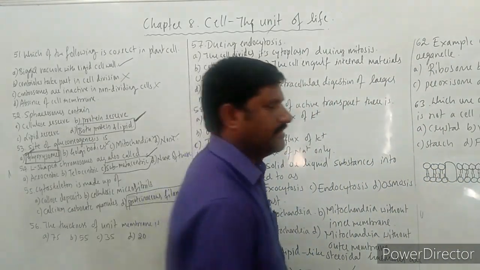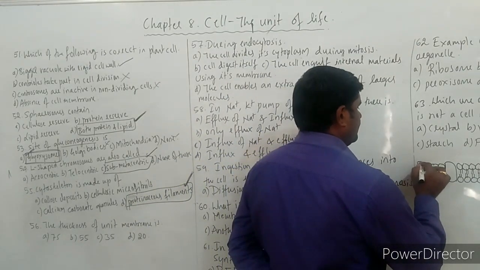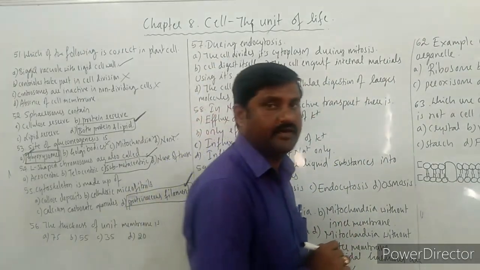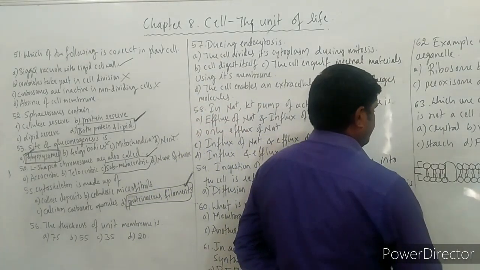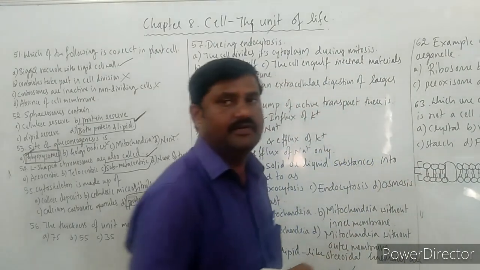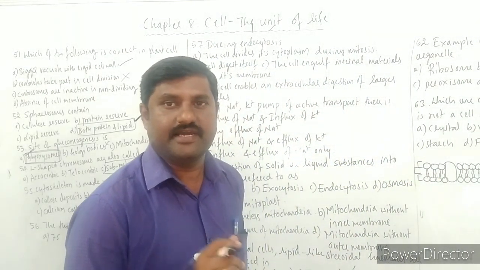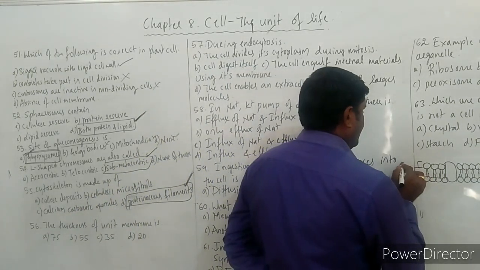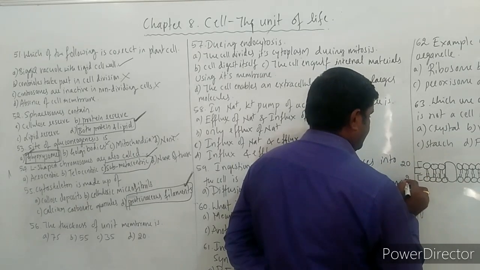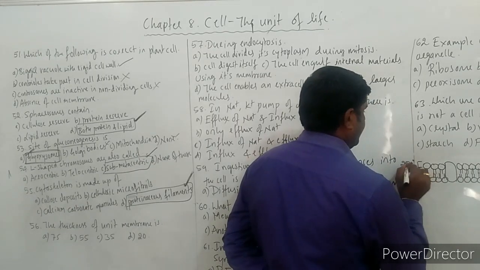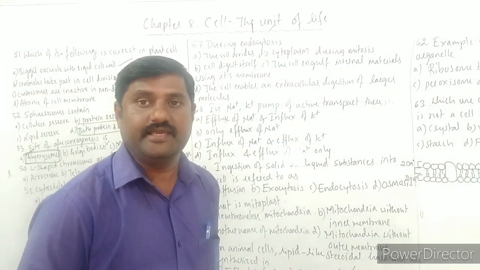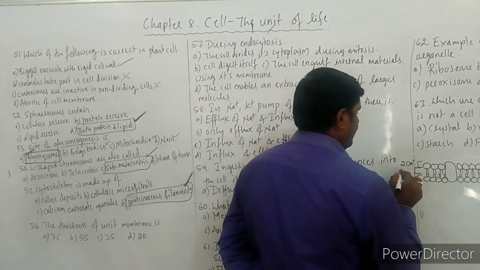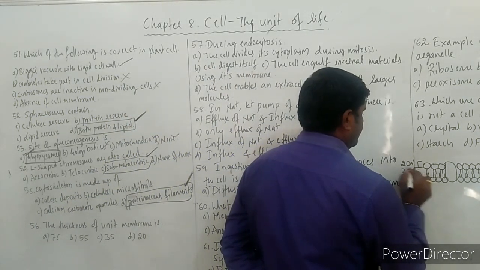Right? So, lipid bilayer. Since it is trilaminar, this is one layer, this is another layer. This is the lipid bilayer, and the middle one is also there. It is a light layer, since it consists of non-polar fatty acid tails. Each lipid layer is 20 angstrom in thickness, and the middle light layer is 35 angstrom.